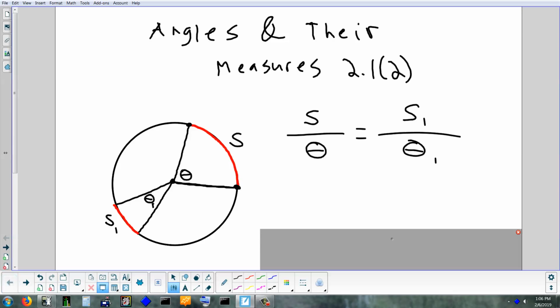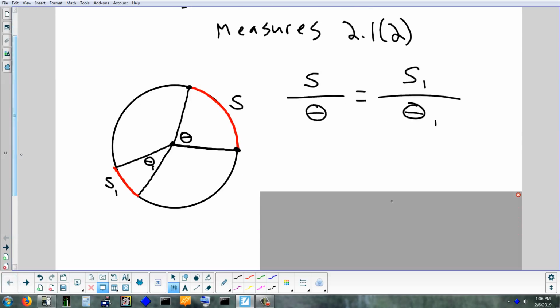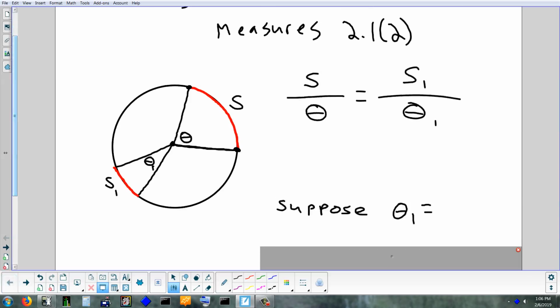So let's see if we can figure out a true fact that we can start with here. Just like we supposed in 1 foot there's 12 inches, we're going to suppose something here that's automatically true. We have to let this angle be a certain size. And if we do that, we mentioned yesterday something special happens.